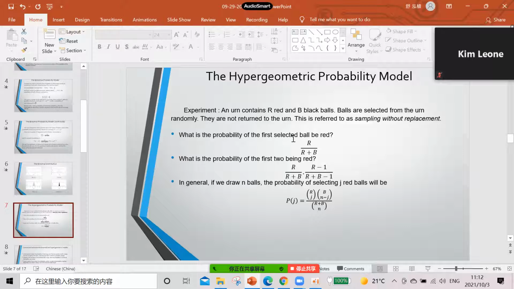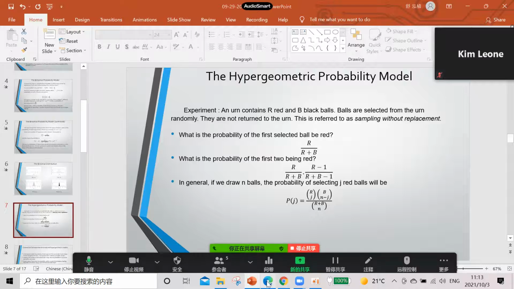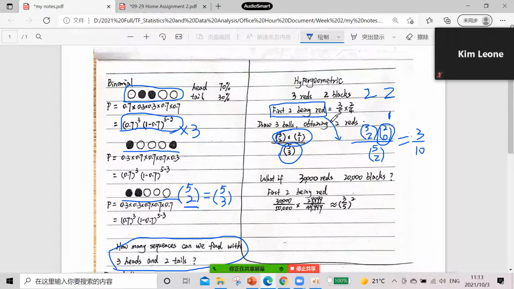Because those are just all abstract letters, you may again look at those formulas and some examples here, and you may find it easier to understand. But again, I want to particularly talk about the interrelationship between binomial distribution and hypergeometric distribution.